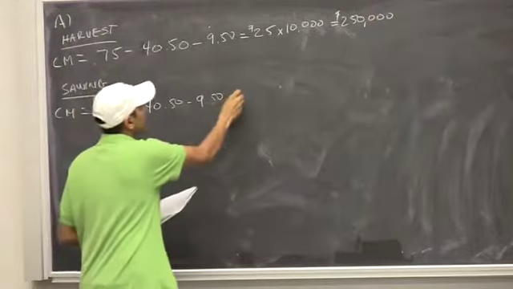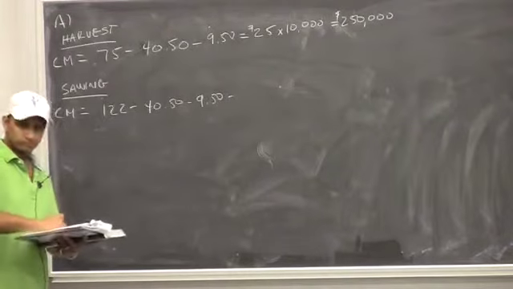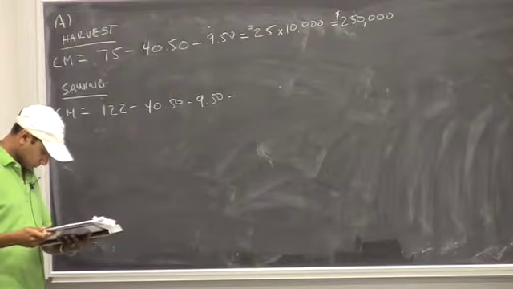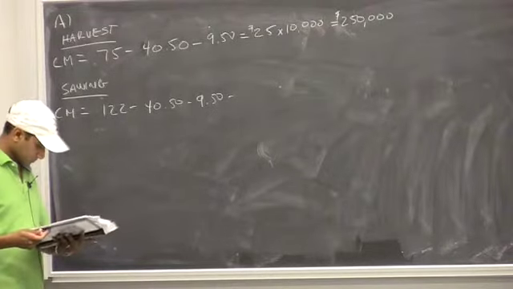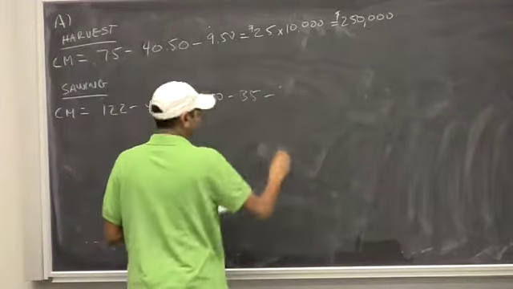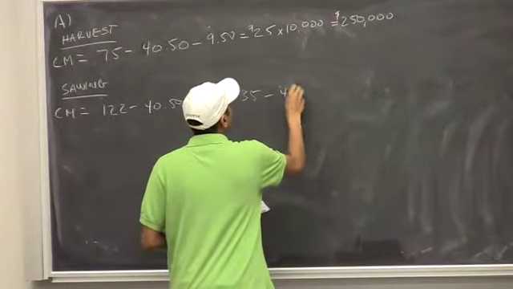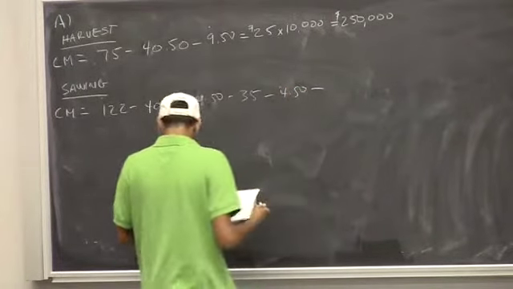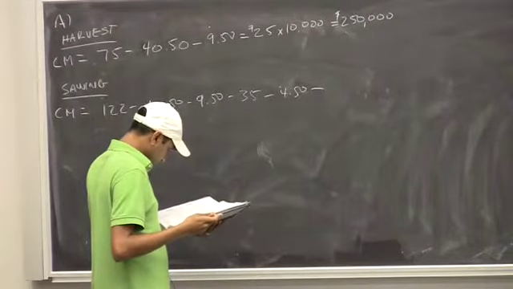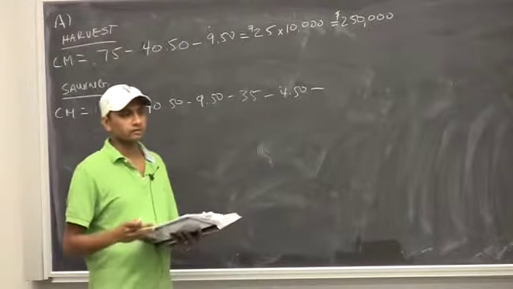So what's the sawing division's cost? We have direct labor at $35, variable overhead of $4.50. Is there anything else? Do we put in the fixed overhead?